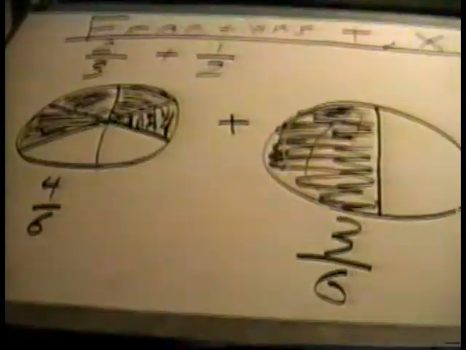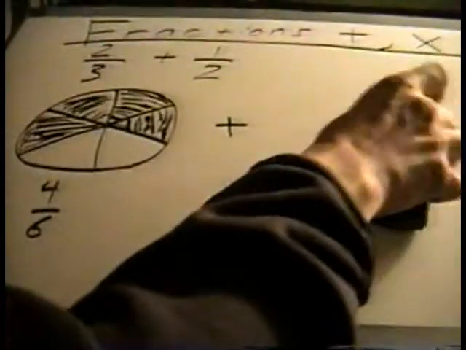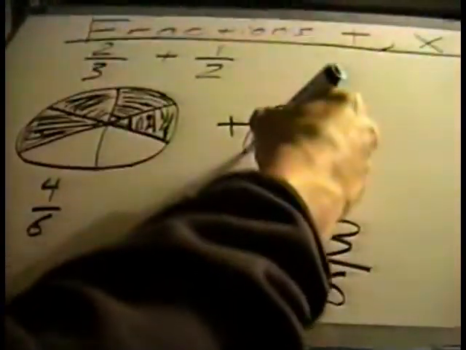It's 2/3 plus 1/2. So how many thirds is the total? And how many halves is the total?